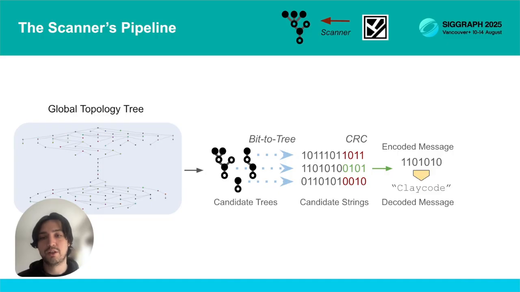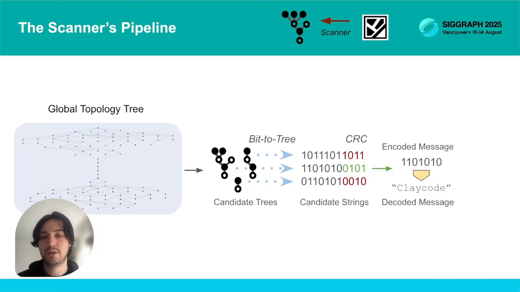So what you can do here is turn all of those trees into a message using our bit-to-tree decoder we explored earlier. And what you're left with is a series of messages, some of which will be noise, most of them, and one or possibly more would be an actual Claycode.